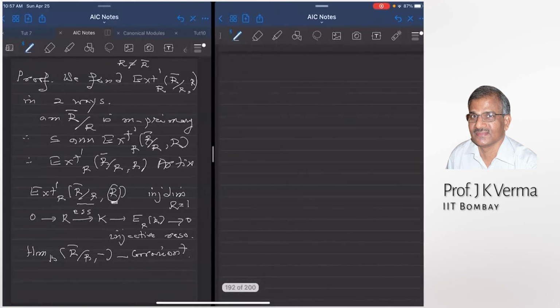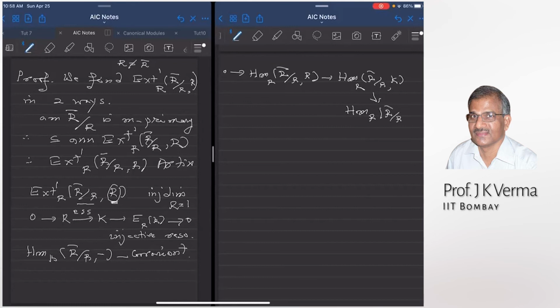Okay, so when I apply Hom from R bar over R to this, then I get 0 to Hom(R bar over R, R), to Hom(R bar over R, K), where K is the quotient field, and then Hom(R bar over R, E), where E is the injective hull of the residue field.